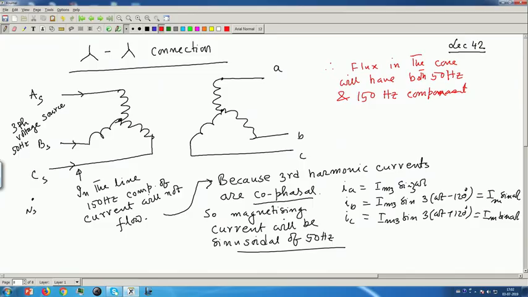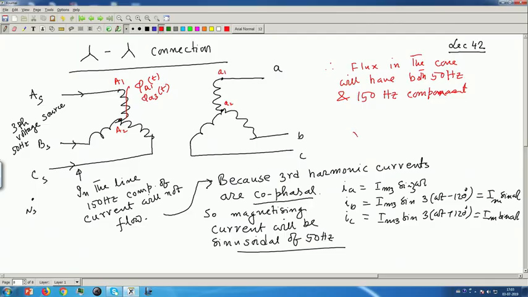Therefore, induced voltage in the coils, say this is A1, A2, this is small a1, small a2 and so on, B1, B2, B3. So, here these coils will be linked with phi A1 of t fundamental plus phi A3 of t, both of them will be linking this. Therefore, both of them will induce voltage.